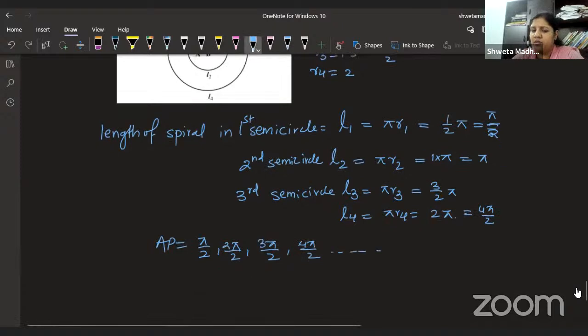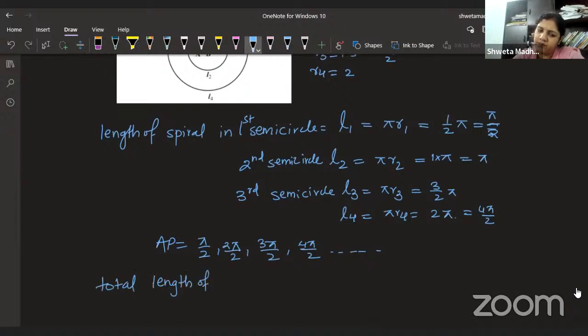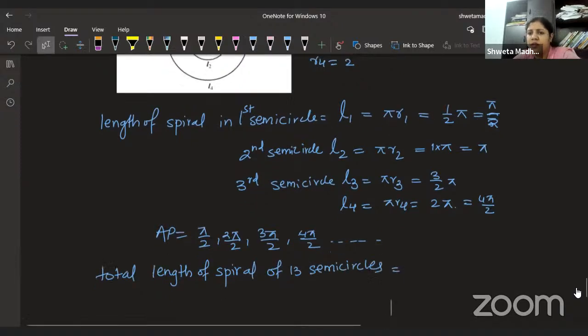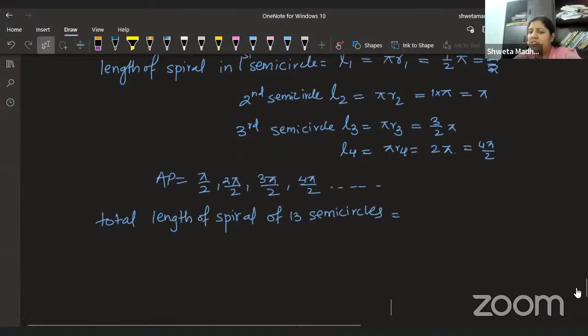And so on. So they are asking now the total length of the spiral of 13 turns or 13 semicircles. So what do we need to calculate? A13 or S13?